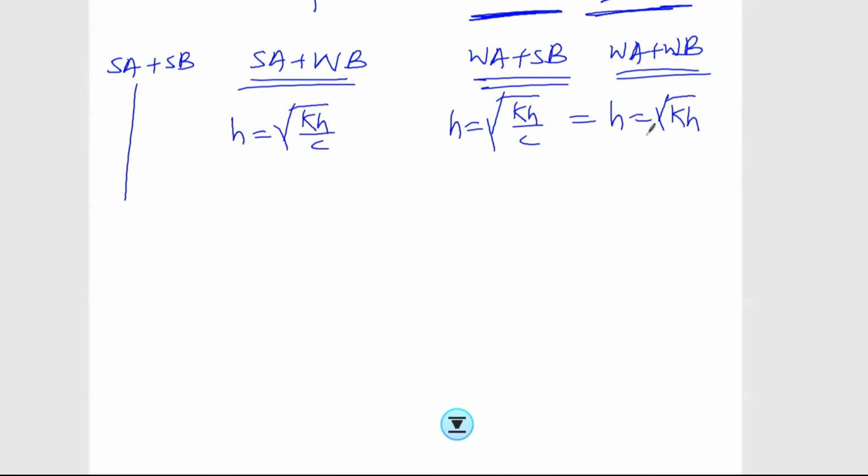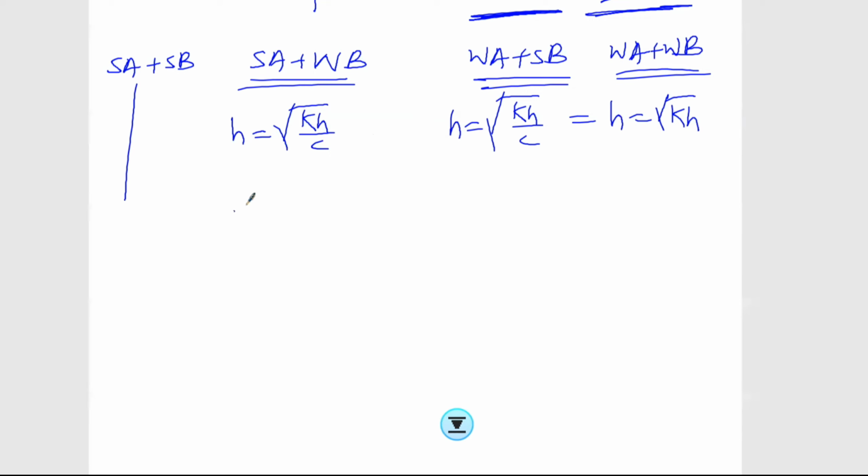If I dilute this weak acid plus weak base, there would be no change in degree of hydrolysis because the concentration term is not there, it is independent of concentration.